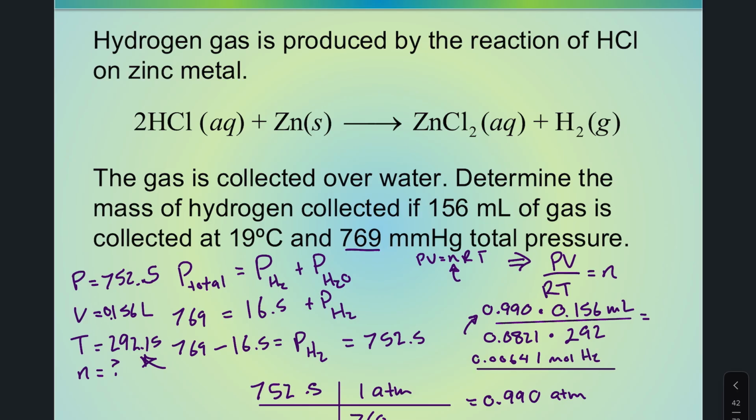Now, we will then find the number of grams by dividing by 1 mole and multiplying by the molar mass of 2.02 grams, which gives us a value of 0.0130 grams of H2. And that is our answer.